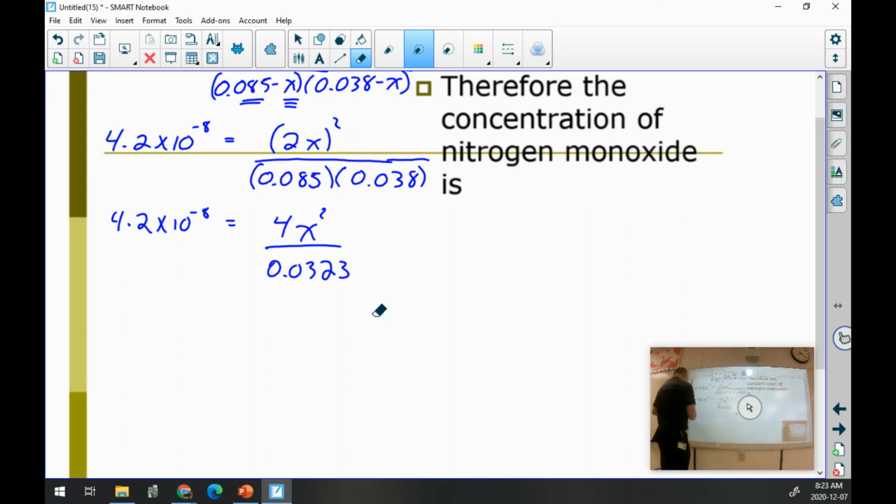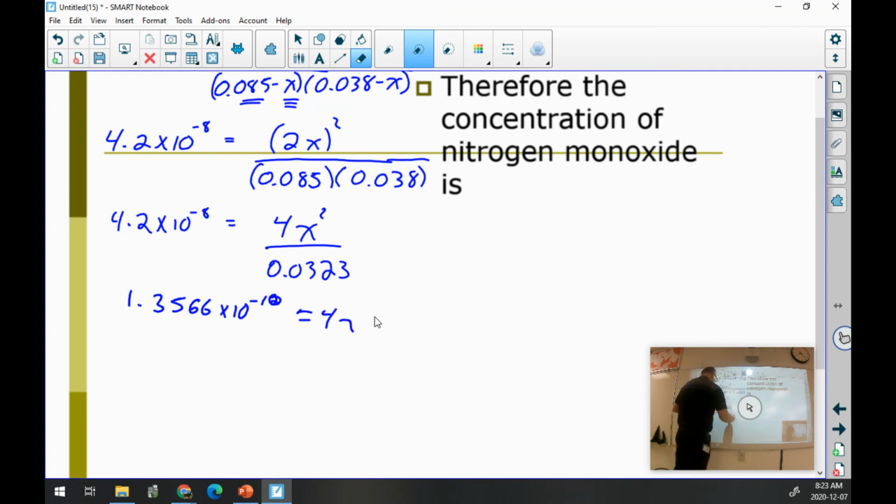Multiply both sides by the 0.0323, where that 8 came from. Divide by 4, and then take the square root of both sides. We have an answer of 5.82 times 10 to the negative 6 is equal to x.